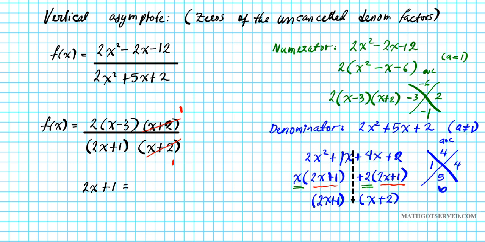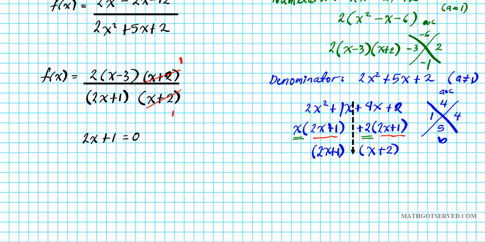Set that equal to 0. To solve this, you simply subtract 1 and divide by 2. So you have 2x equals negative 1, and then divide by 2. Final answer is x equals negative 1/2. That is your vertical asymptote. Let's put the side note here, vertical asymptote.